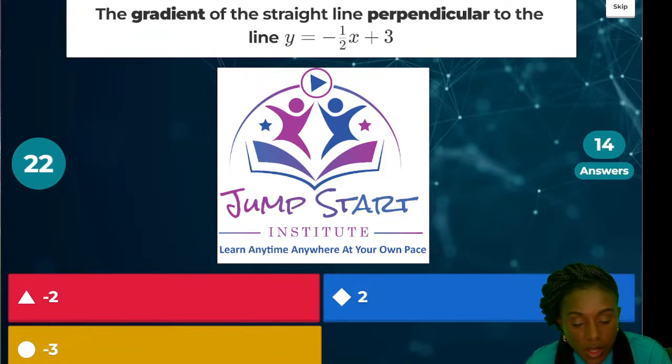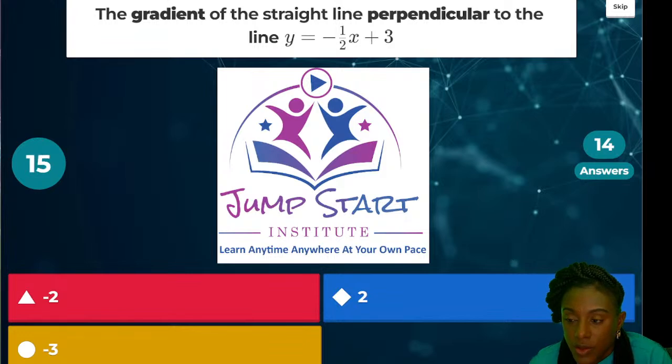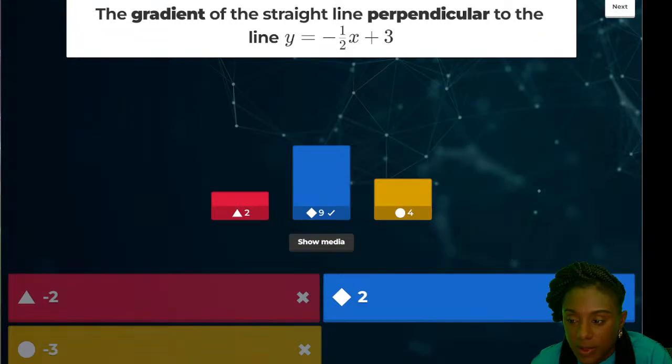Okay, you have approximately 20 more seconds. So the gradient of the straight line, which is perpendicular to the line y is equal to negative a half x. Okay, so 9 persons got this correct. I see that 6 of you all got this incorrect.